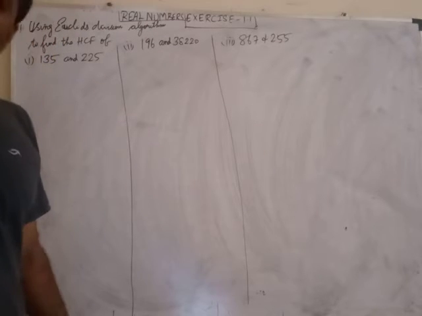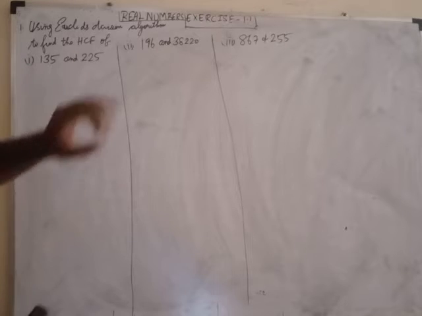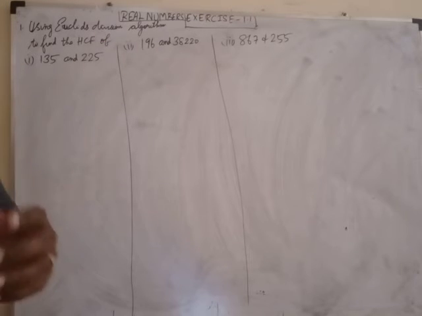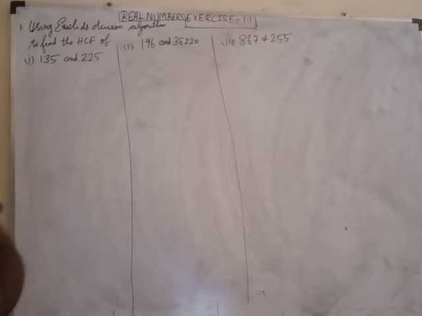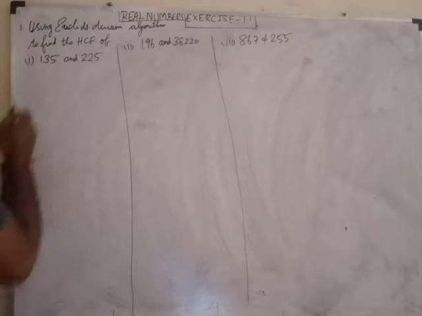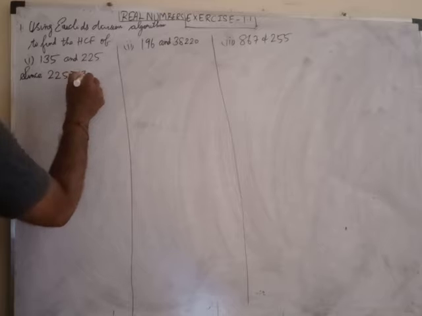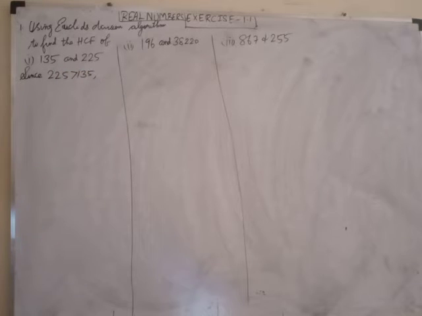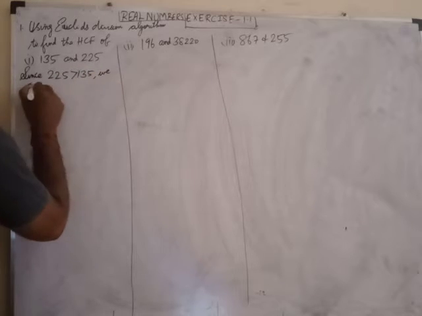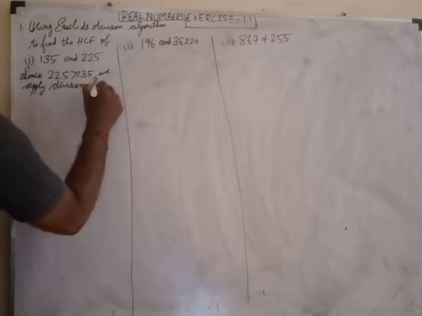Correct? So, in this case, 135 and 225 are given. Which one is the greater number? Since 225 is greater than 135, we apply the division lemma algorithm.